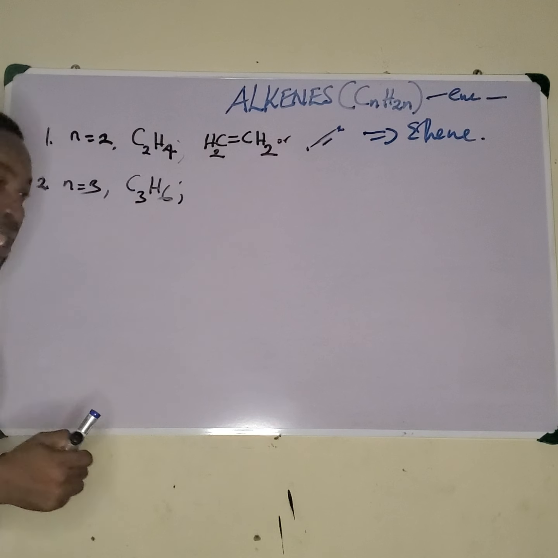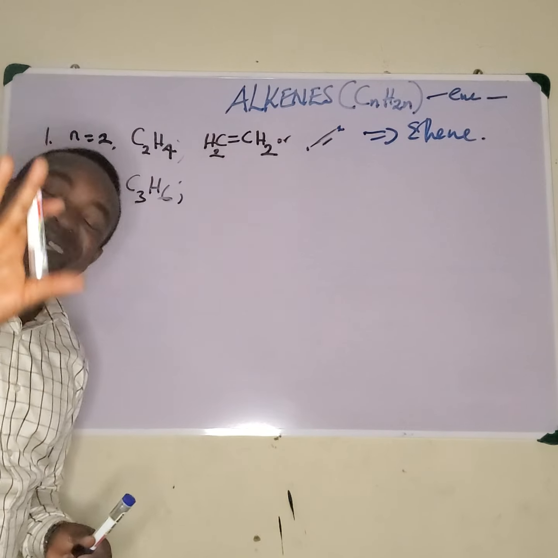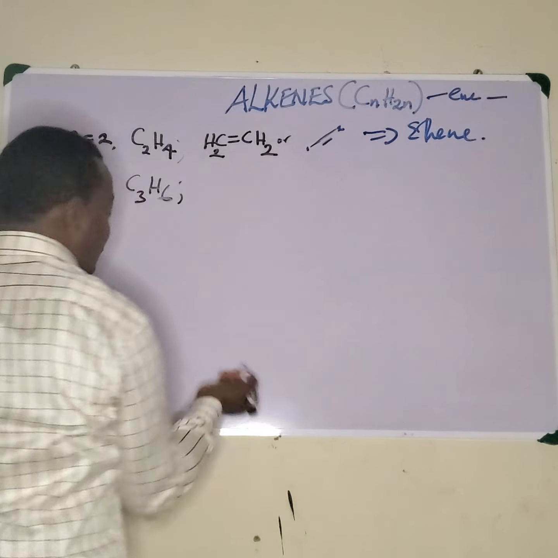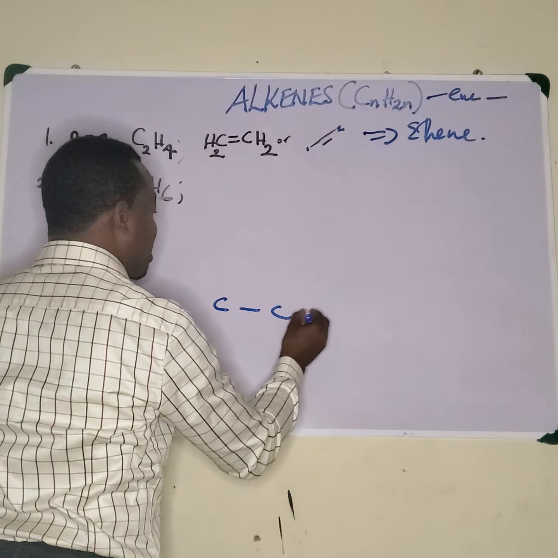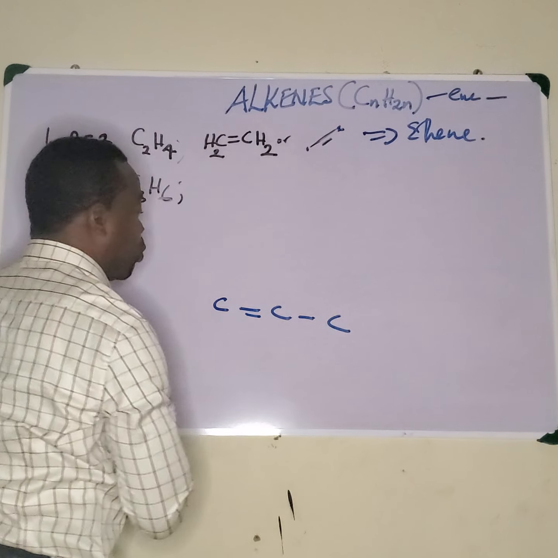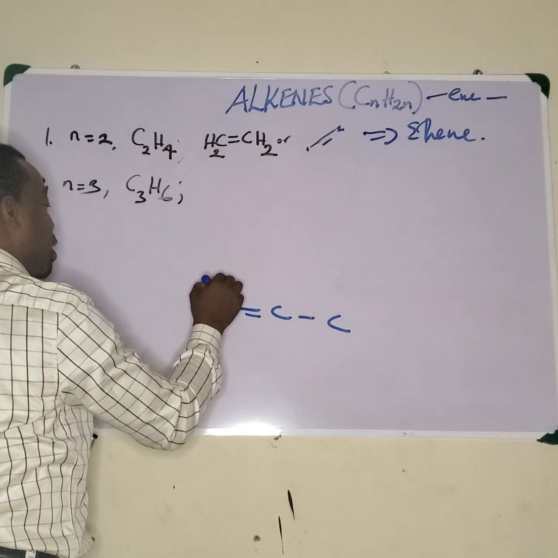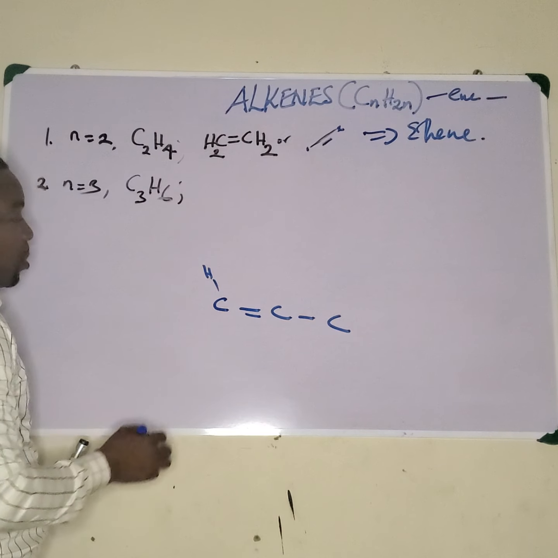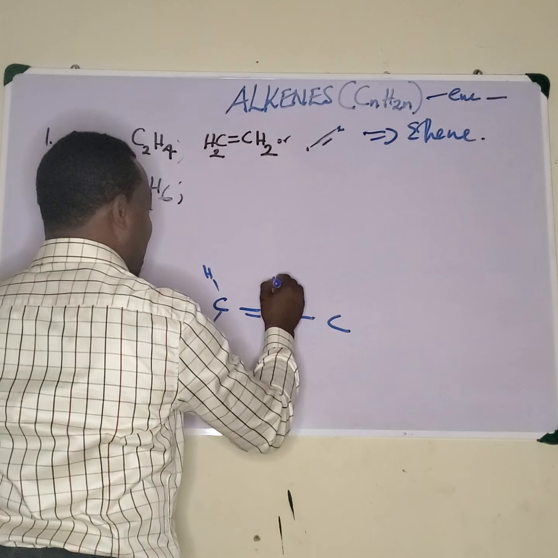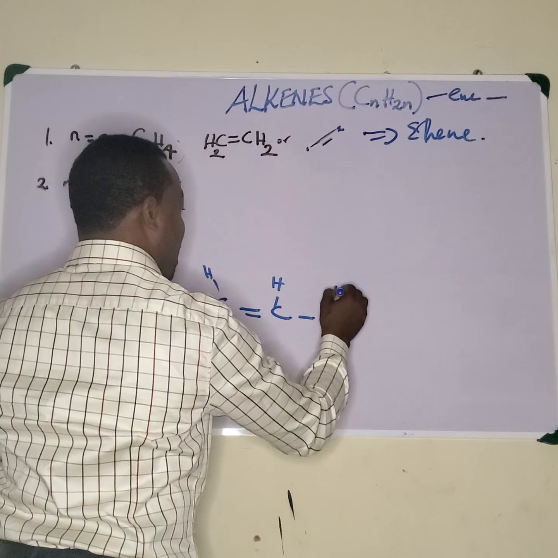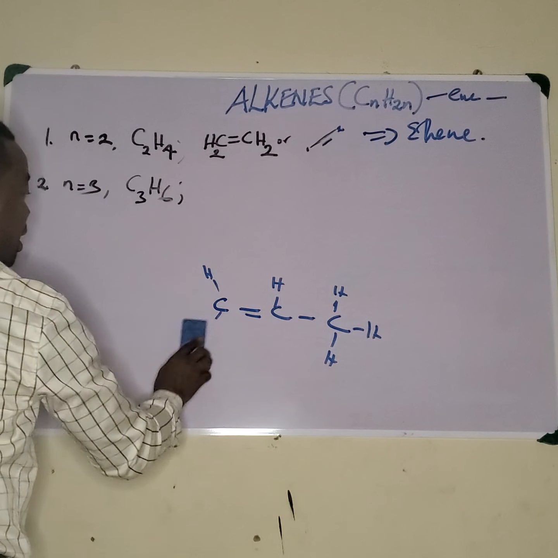And this one is propene. This propene will go this way because we are talking about 3 carbon atoms. Let me show you what we are going to have: C, C, and C, with a double bond here.